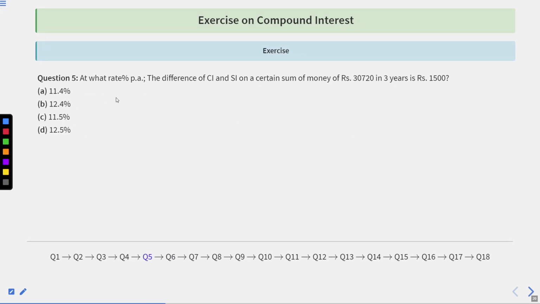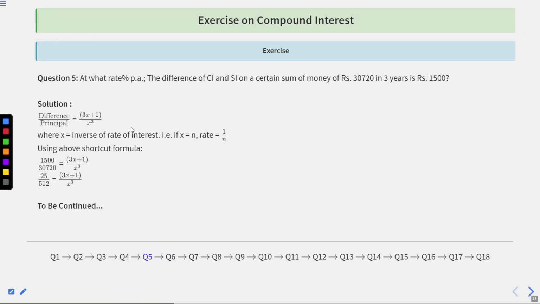Question number 5. At what rate percent per annum is the difference of simple interest and compound interest on a certain sum of money, rupees 30,720, in 3 years rupees 1,500? So the solution: difference upon principal is equal to (3x plus 1) upon x cube, where x is the inverse of the rate of interest.